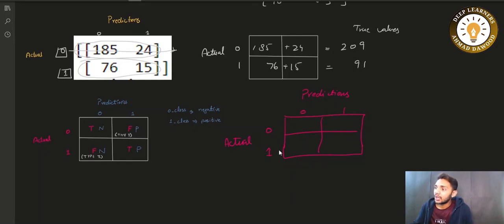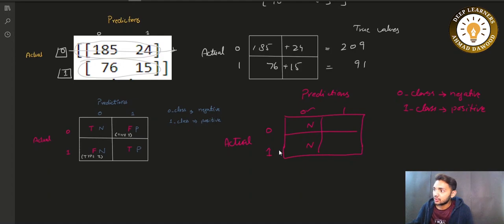Now if your model has predicted 0, for that we usually consider the zero class as a negative class, and the one class as a positive class. So when your model predicts 0, it means you are predicting negatives here.